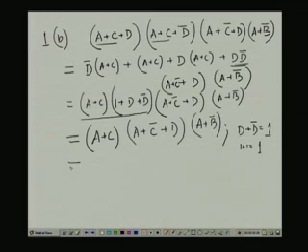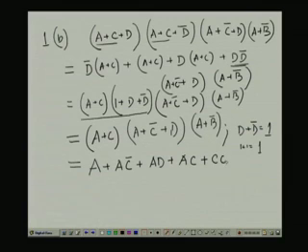Now, again if we take the distributive law, then this equation becomes A plus A C bar plus A D plus A C plus C C bar, which equals 0. Again I write C D as one term, multiplied by A plus B bar. Now, see from the first terms, this is a nice equation.